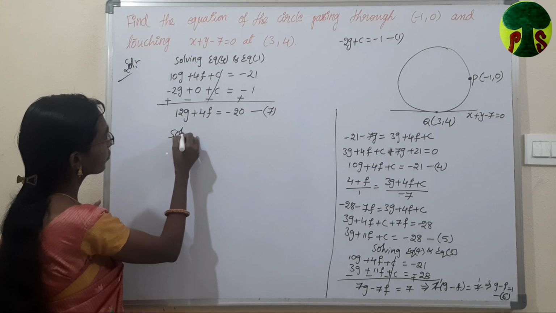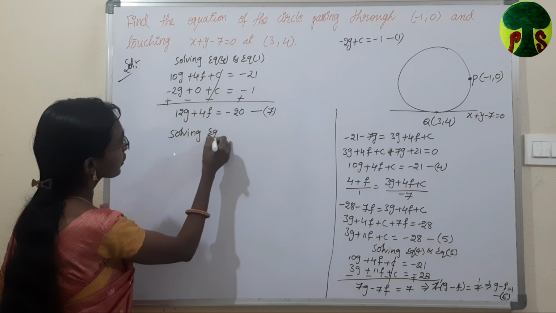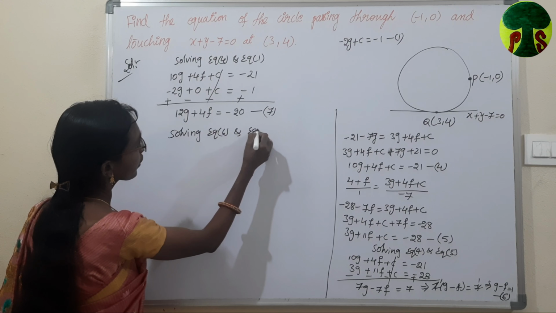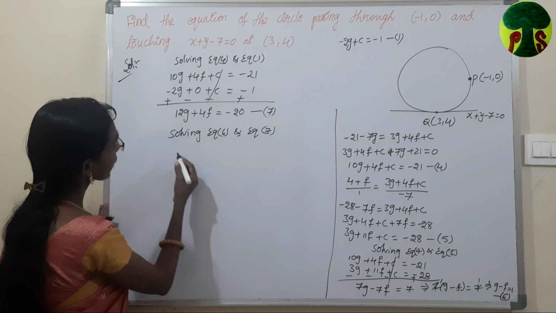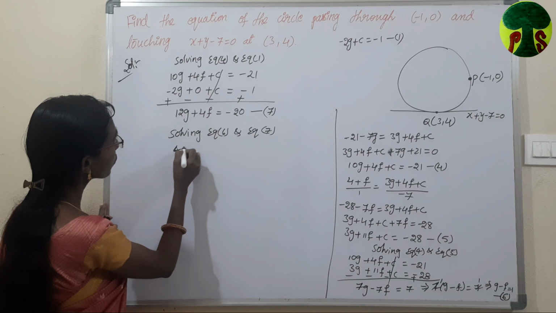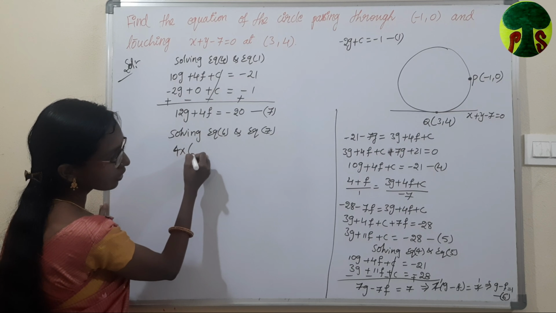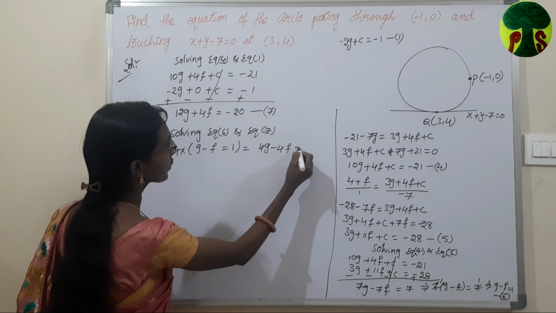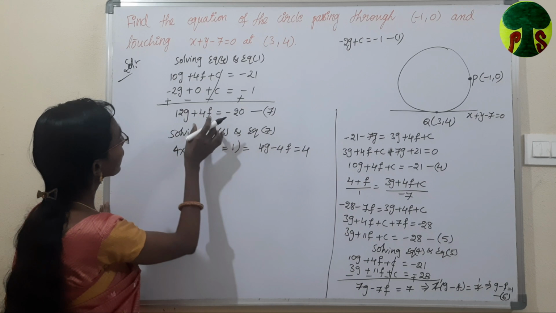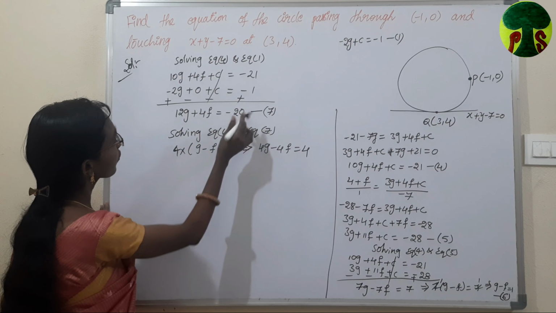Solving equation 6 and equation 7. Equation 6 multiplied by 4: 4 into g minus f is equal to 1, that is 4g minus 4f is equal to 4. And equation 7 is 12g plus 4f is equal to minus 20.